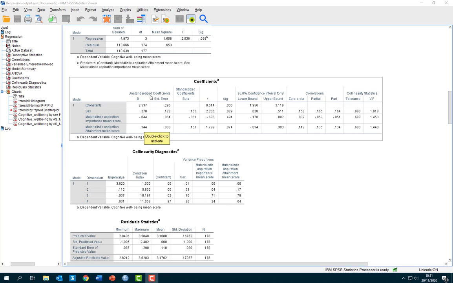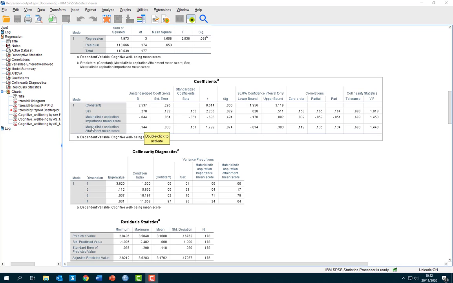So on our unstandardized coefficients, if you think back to your regression lecture, we know that for every point we go up on the materialistic aspiration importance scale, we'd expect cognitive well-being to go down by 0.04 of a point on the cognitive well-being scale.